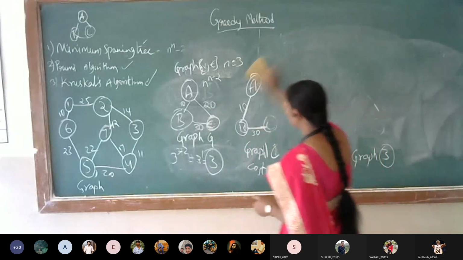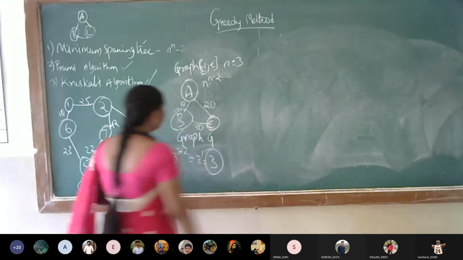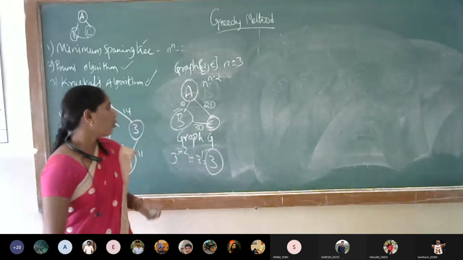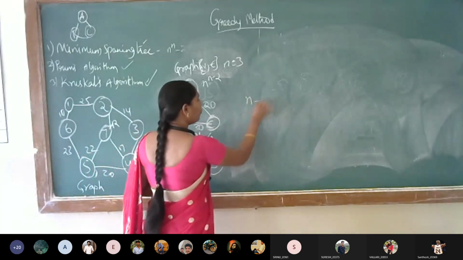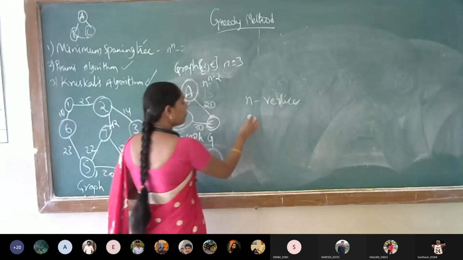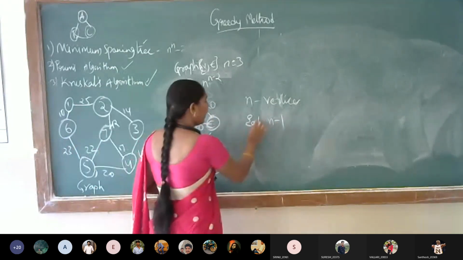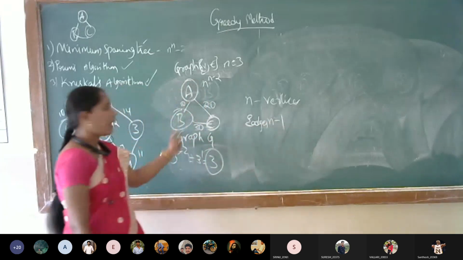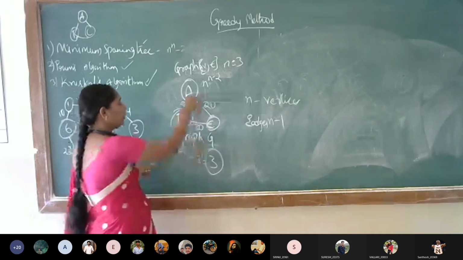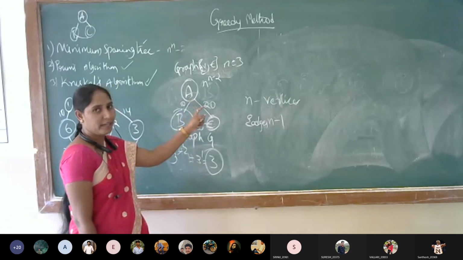The minimum spanning tree should be constructed by selecting the smallest distance that you need to travel from source to destination. So if you are having n number of vertices, then the edges will be n minus 1. So here I am having 3 vertices, then I should get only 2 edges. With those 2 edges, if I want to visit from A to C, I can visit directly from A to C in 2 different ways.